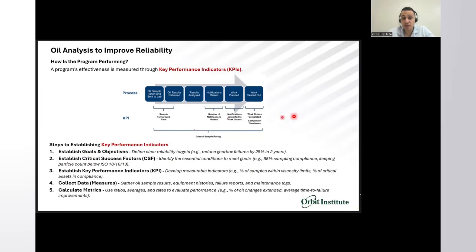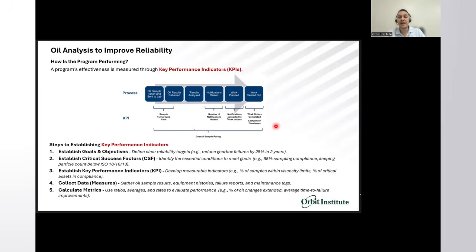Steps to establish the oil analysis program, starting from oil sampling and oil result returned and result analyzed, notification raised if there is any problem, and then plan work based on the notification, and then execute the work carried out on the machine.